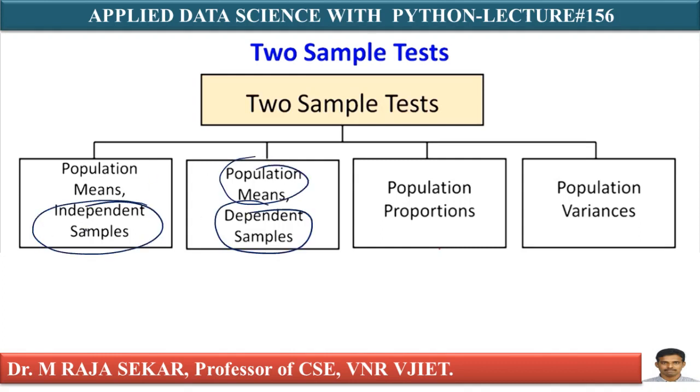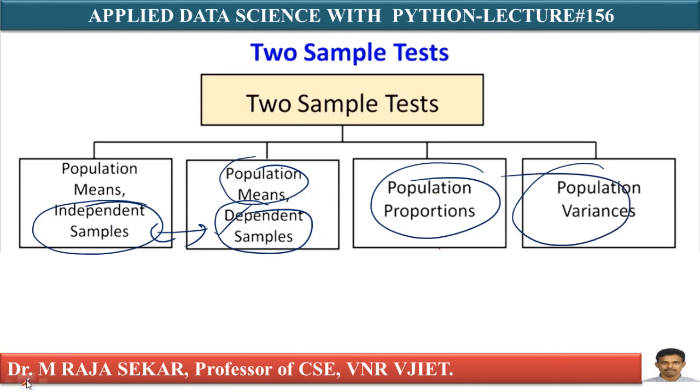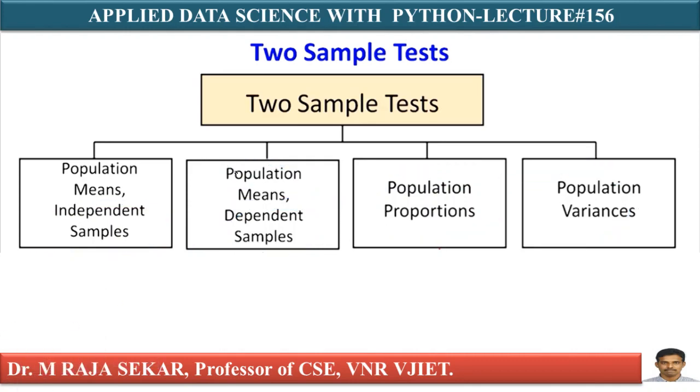Here you have independent samples, here you have dependent samples. That comparison you must understand. Then population proportions, and population variances, isn't it? This is the classification of different two sample tests.